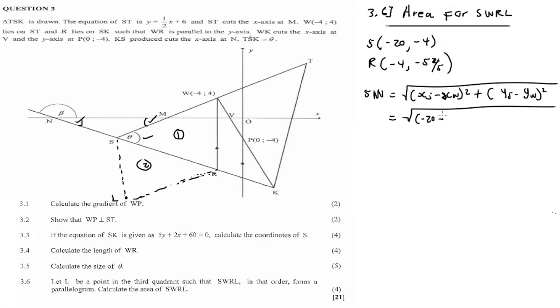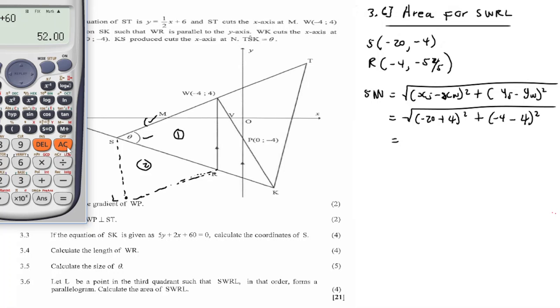XW is +4 here, squared, plus YS. YS is -4 minus YW, which is 4 here, squared. Now let's calculate.